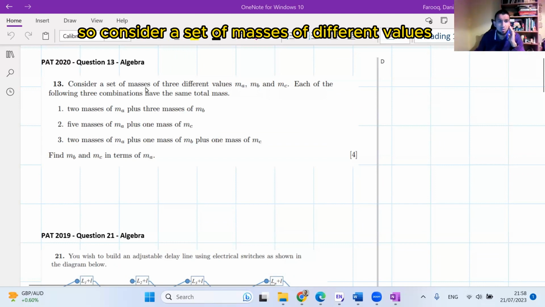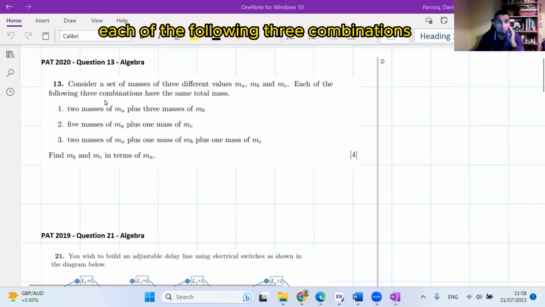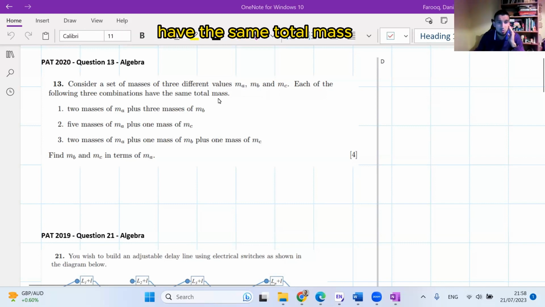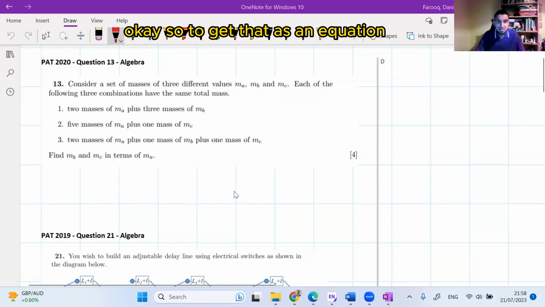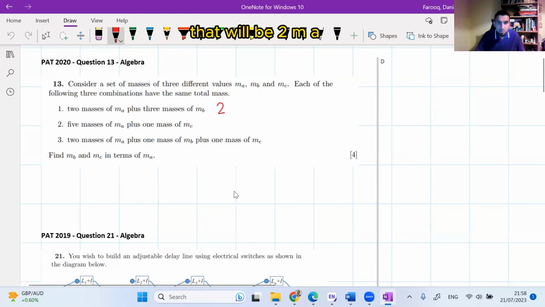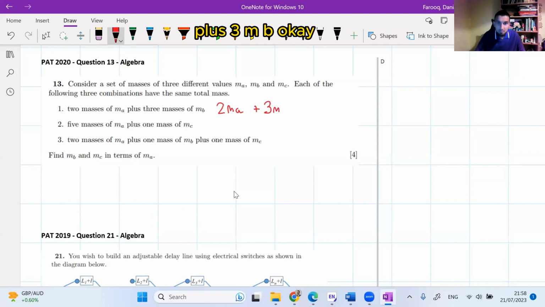So consider a set of masses of different values, Ma, Mb, Mc. Each of the following three combinations have the same total mass. Two masses of Ma plus three masses of Mb, so to get that as an equation, that will be 2Ma plus 3Mb.